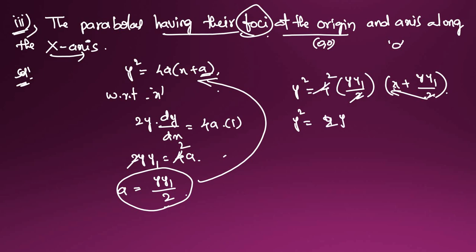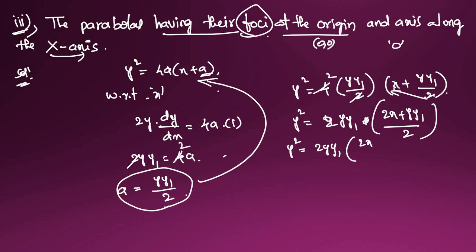So this is 2y1 with respect to 2x plus y1 divided by 2 will come here. Sorry students, this is not plus, this is into actually. So here y square is equal to 2y1 into 2x plus y1 divided by 2 will come here.